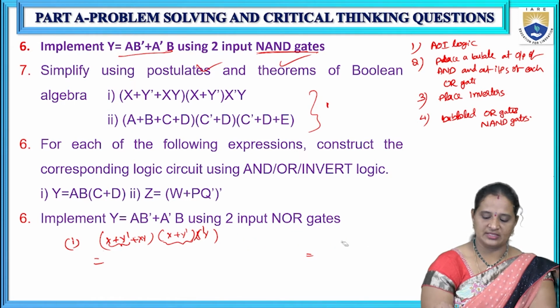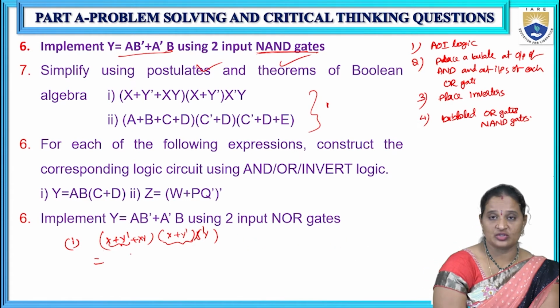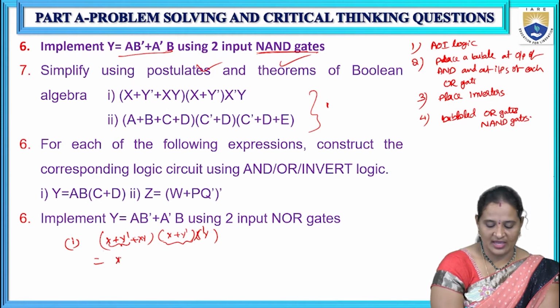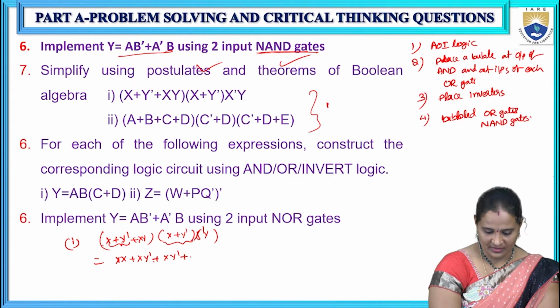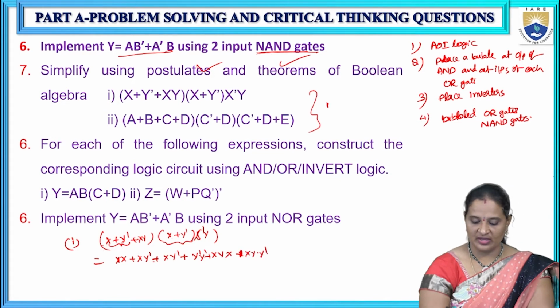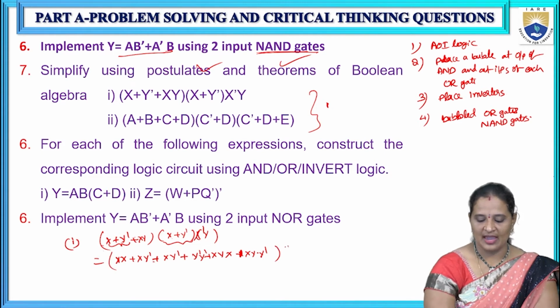Or else simply expand this one. So that means simply multiply this one: x·x + x·y' + y'·x + y'·y' and so on, then x'y, right?